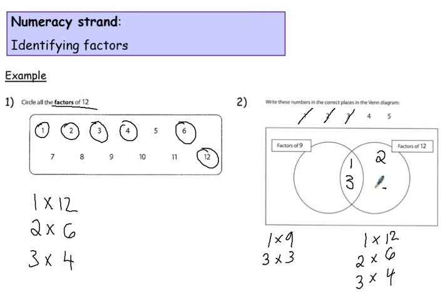So it will go here. And the last number is 5. 5 is not a factor of 9, and 5 is not a factor of 12. So it can't go in any of these circles, but it has to go inside the box. You can't put it outside the box because that will be incorrect.